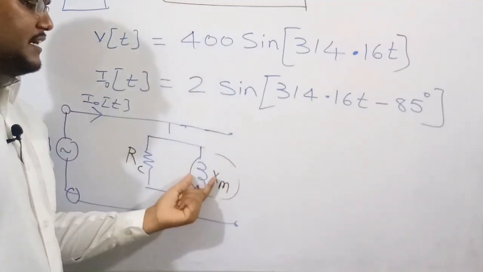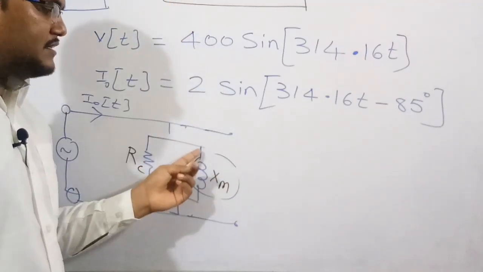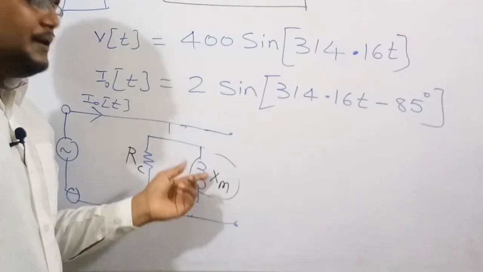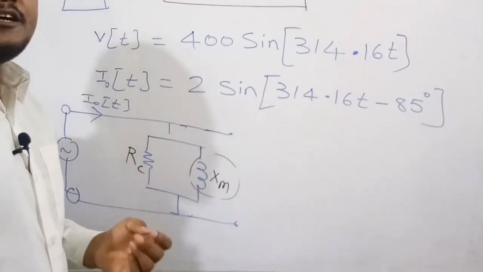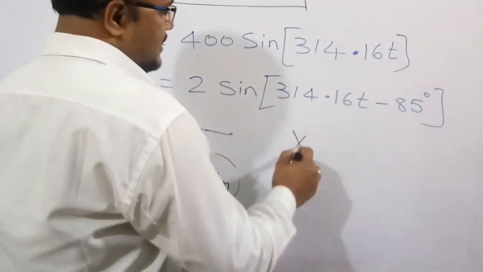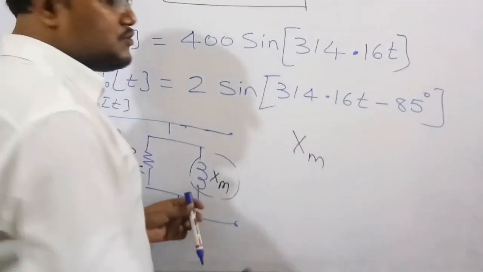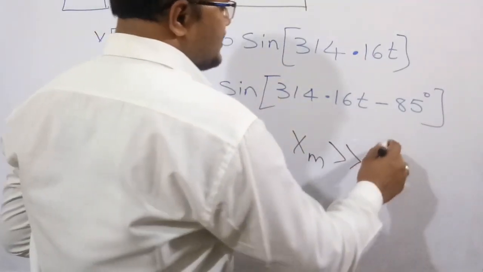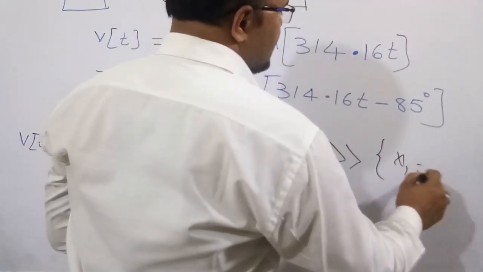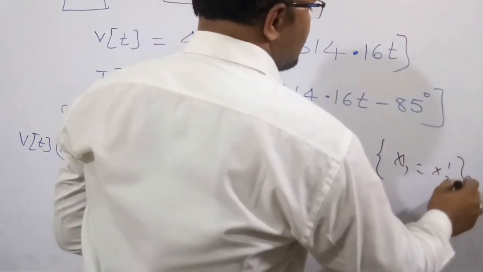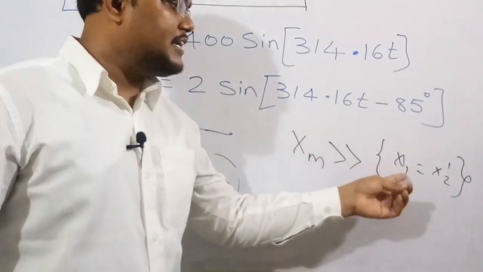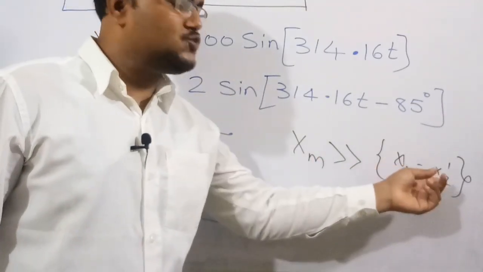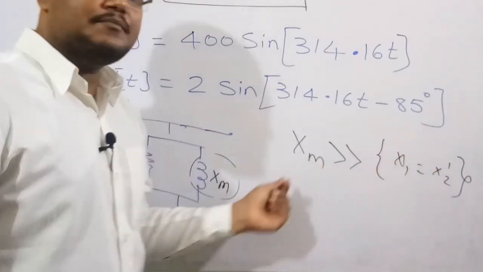Because of this, whenever there is a current flowing through the inductor, there will be XM. I have already told you in my previous example that the value of XM is much greater than X1 and X2 dash. If you see the previous lecture, I told you XM is greater than X1 and X2 dash, where X1 and X2 are the leakage reactances, and XM is this.